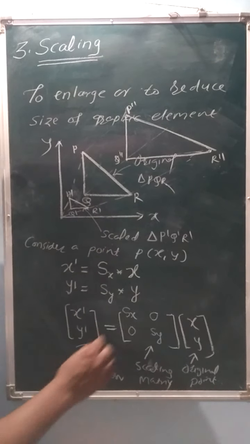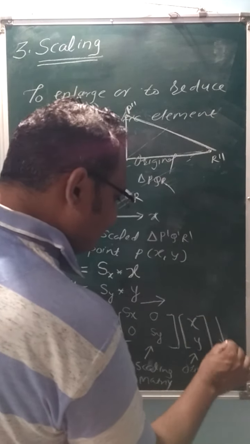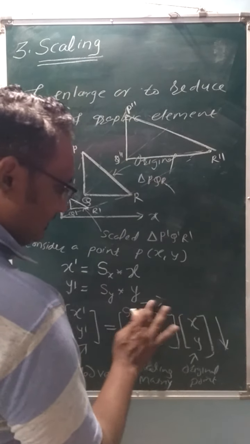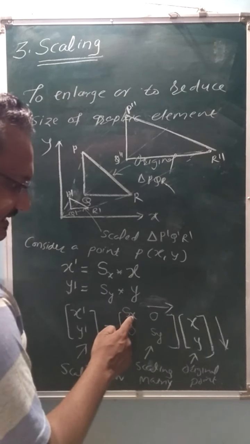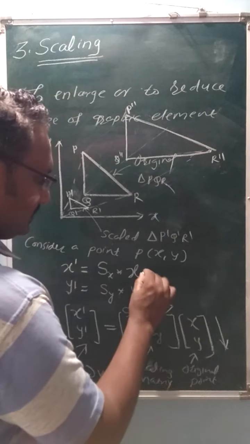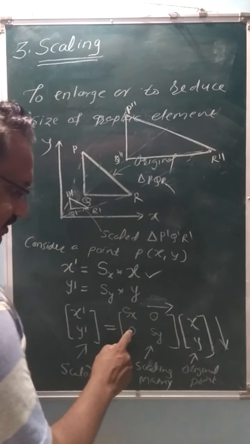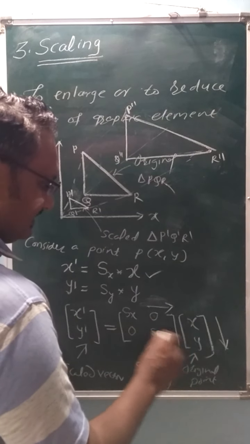Now if you multiply these two matrices, you will get the same result as the above equations. See here, Sx into x plus 0 into y gives the first equation, and 0 into x plus Sy into y gives the second equation.